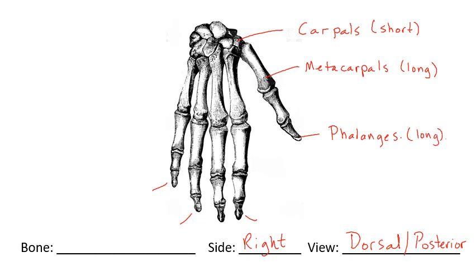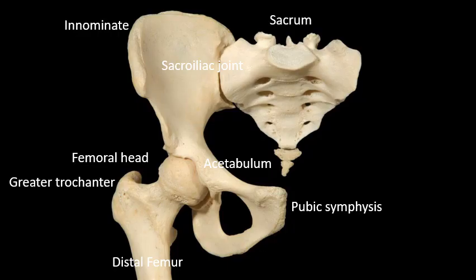Okay, so let's move on to the rest of the body. There's still pretty much half of it to go. So this is what we refer to as our pelvic girdle. That's the proper name for the assembly.